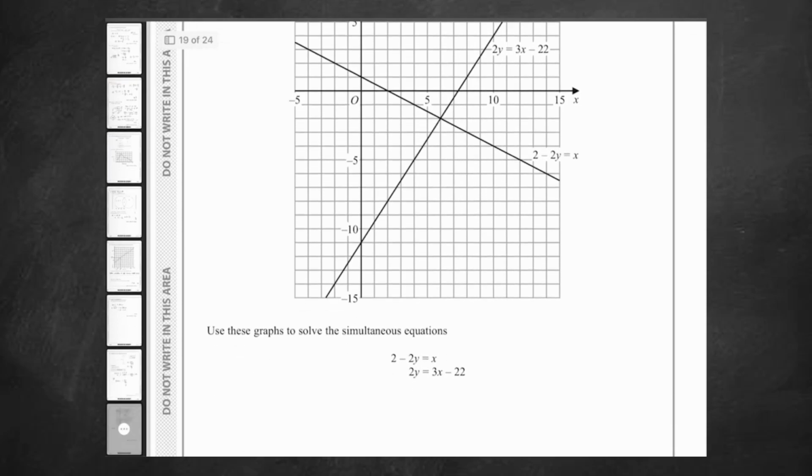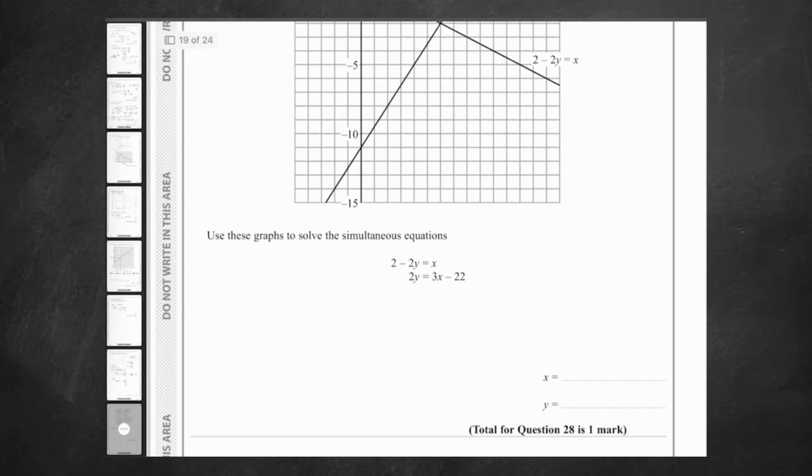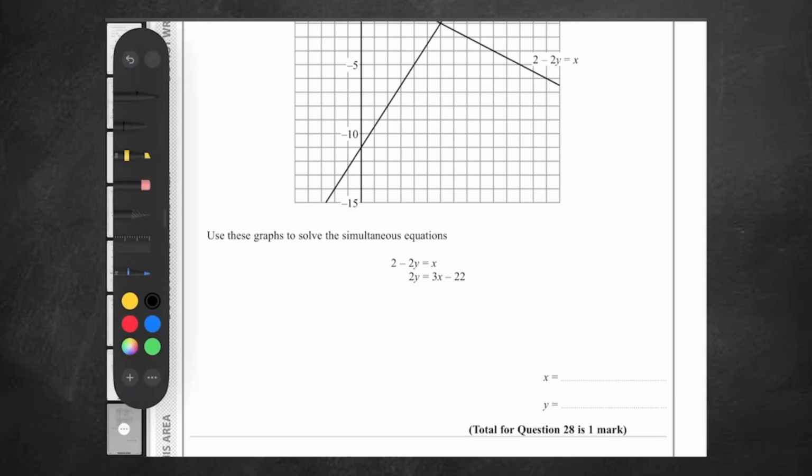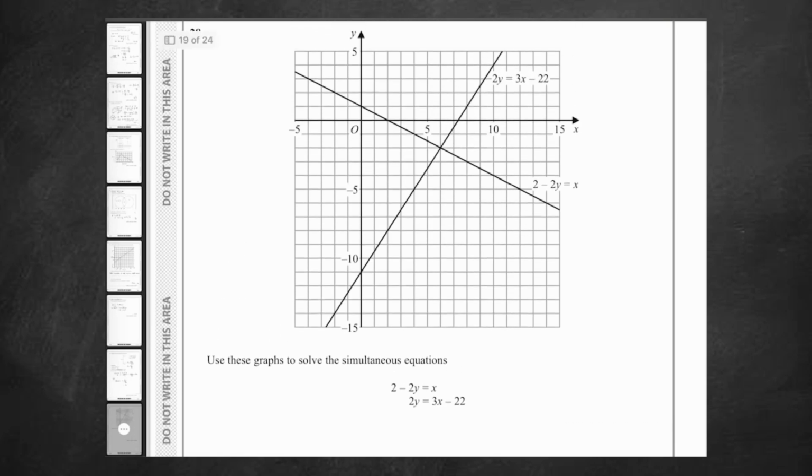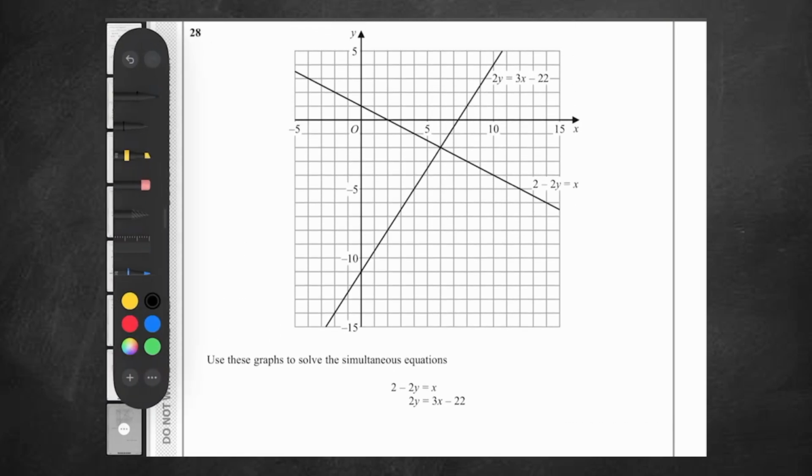Question 28. Use these graphs to solve the simultaneous equations 2 minus 2y equals x and 2y equals 3x minus 22. Now what I've noticed here is this is only 1 mark, so this is going to be quite a straightforward answer, so we don't want to start to try and solve anything. We just need to double check that what they've put here are the same as the 2 lines that they've put here, which they are.